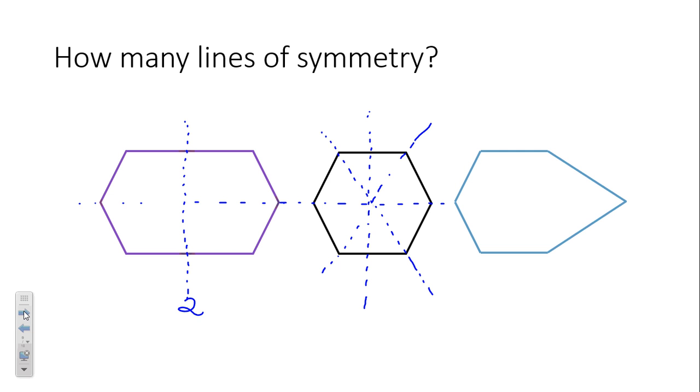But if we could go through the top and the bottom, then we should be able to go through these 2, through the sides, bisecting the sides. So try it. Fold it diagonally and see if you can see it through the light. So that's 6 lines. A regular hexagon will have 6 lines of symmetry.